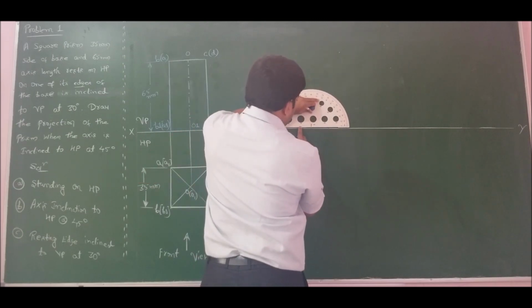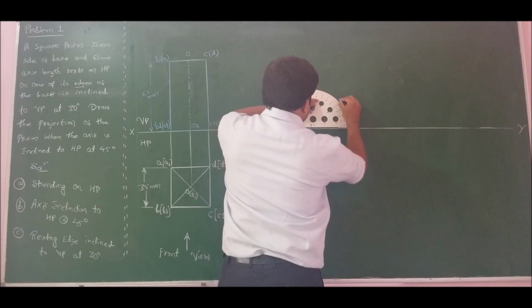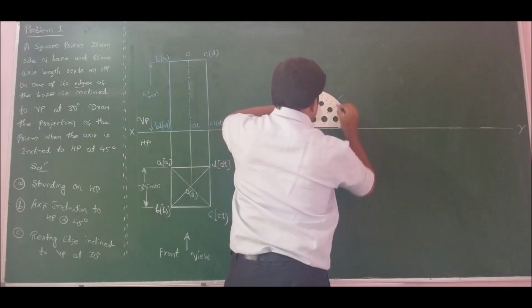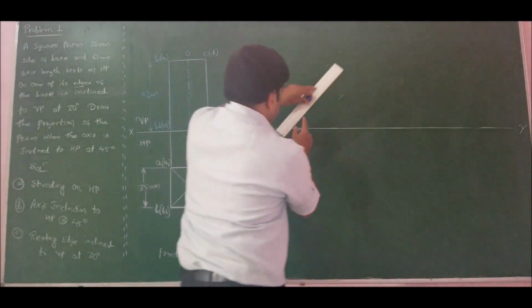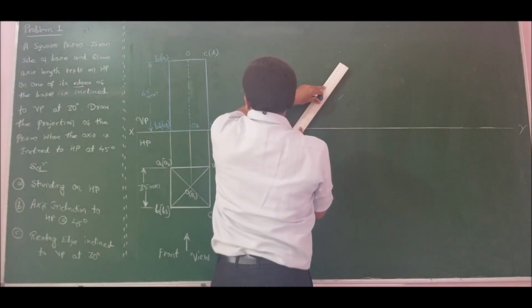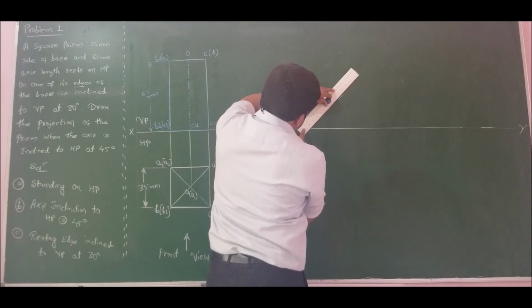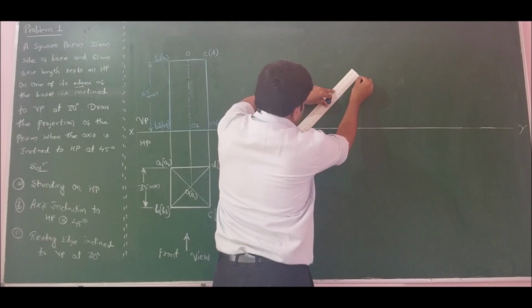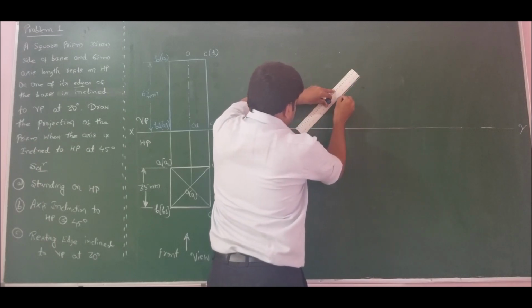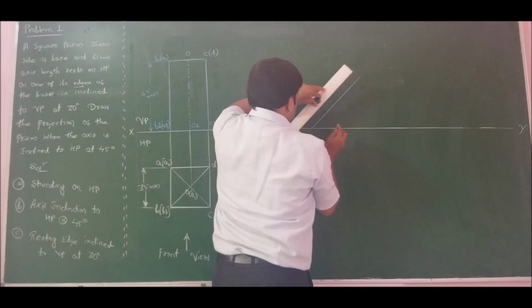Marking 45 degree, I will get the edge length as 65 and the axis length is also 65. Longer edge length is also 65, axis length is also 65. So draw the inclination of the edge.